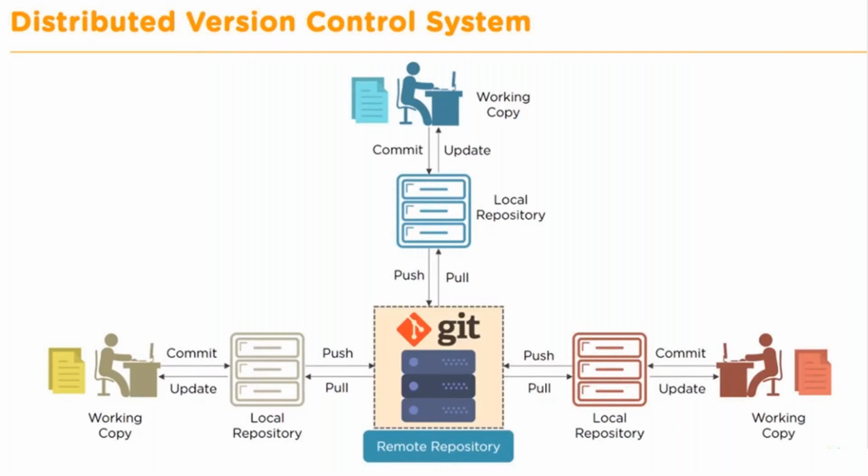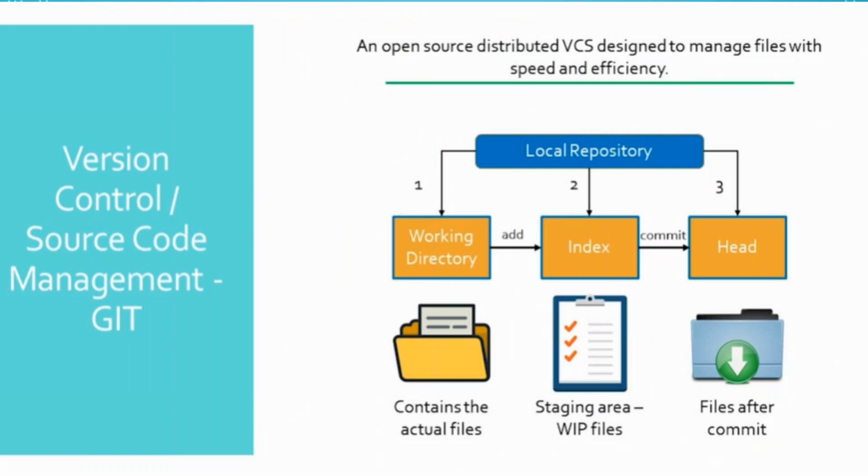If you don't do that, there is no commit, or even if you commit but you don't push it to the central repository or the remote repository, we will not take this as a change. It is there in your local, and unless you publish it to the remote repository, it is not seen by other users.